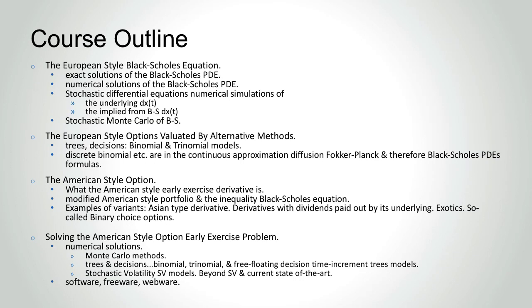And therefore, we'll be talking about the fixed exercise time, European-style Black-Scholes equation and options. And then also we will have to talk about the American style arbitrary exercise time options that are also a variation on that more simple case of the European style fixed exercise time.